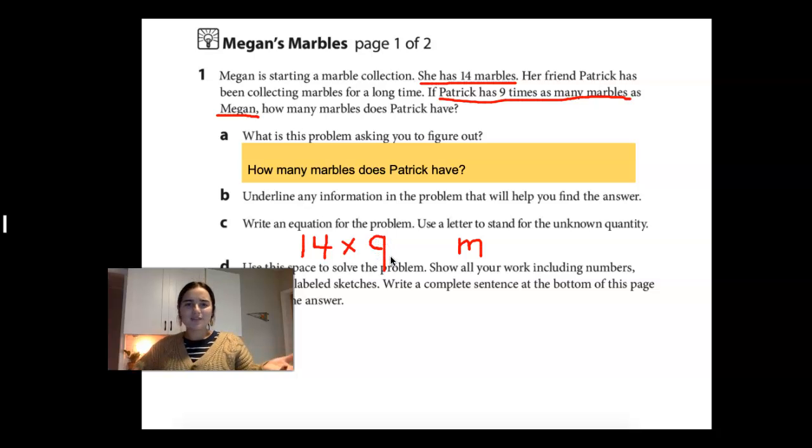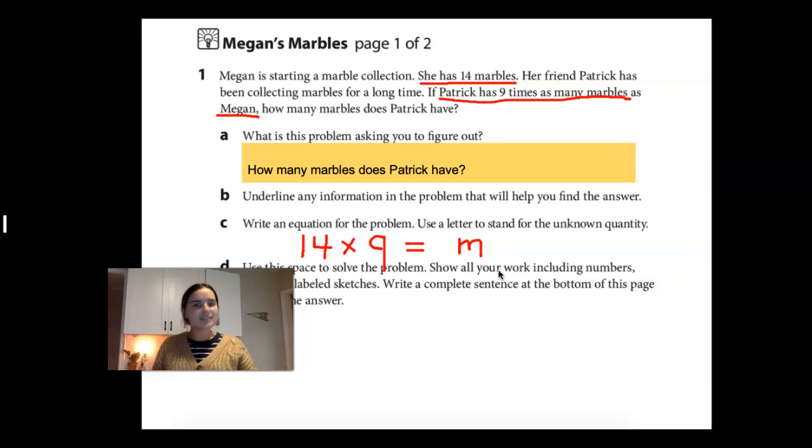But if I just say 14 times 9, that's an expression. That's not an equation. In order to make an equation, you need to make sure you have that equal sign, because an equation is comparing 2 different things. So 14 times 9 equals M is our equation, and you should be writing this down too.